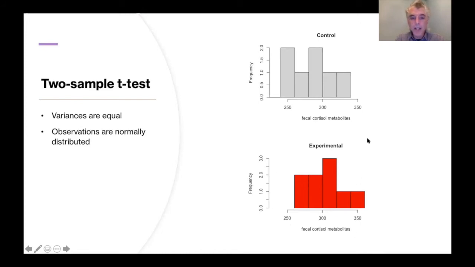Now, when we look at these histograms, it's not immediately obvious whether or not these observations are normally distributed and whether or not the variances in these two samples are equal to one another. So this is a situation where our assessment of whether or not the assumptions have been met is going to require a little bit more of a sophisticated approach and a little bit more of a subjective assessment.